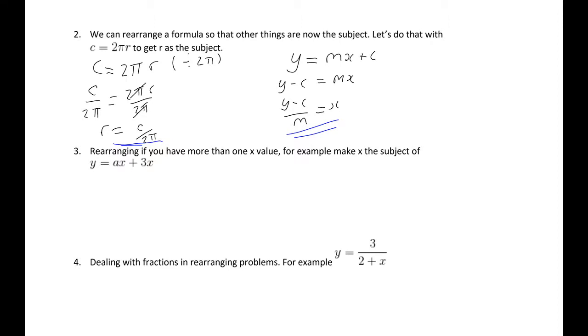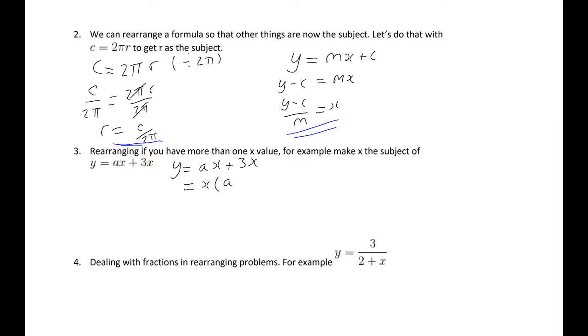So, now, how about if we have more than one x value? Like written down here, y equals ax plus 3x. Well, they've both got an x term. All the x terms are on one side, all the non-x terms are on the other, but we have two different terms. So the very first thing we've got to do is factorize x out of this.